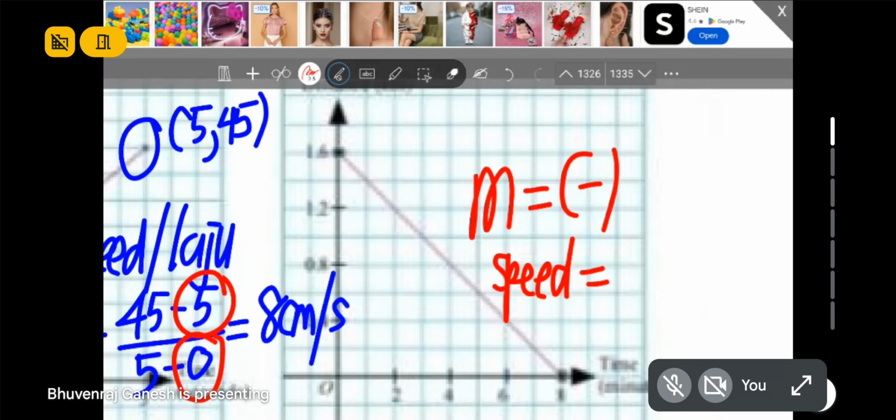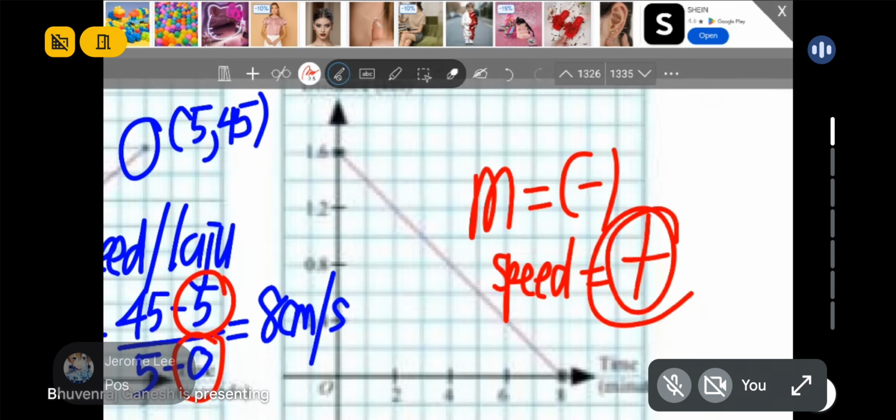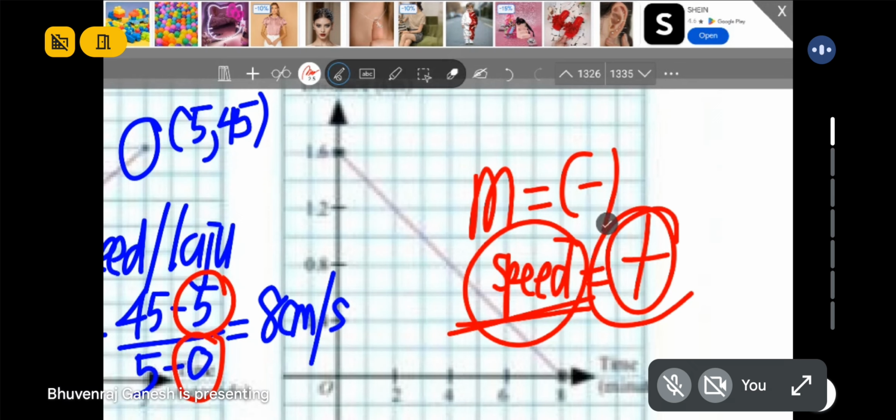Laju. I told you guys. Whenever you guys talk about speed, the answer is always positive. Selalunya kena bagi jawapan positif kalau soalan tanya laju. Ingat. Because speed is a scalar quantity. Scalar quantity always doesn't have negative. Always positive. This is the concept.